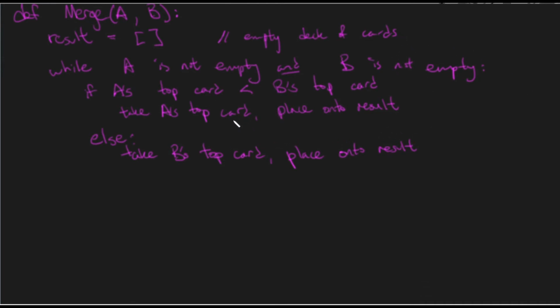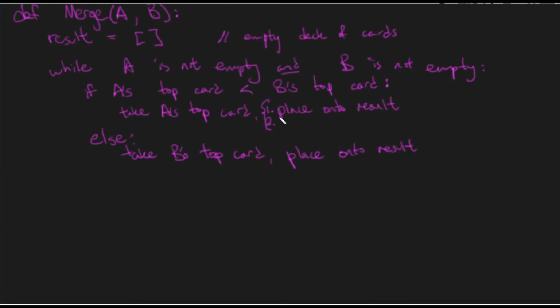Also, one thing I forgot to mention here is that when we take A's top card and place it onto the result, we're also going to remove that top card from deck A. We're no longer going to consider it in deck A. So I'm going to make this two steps here. The first step is to take the top card of A in this conditional and place it onto the result first.